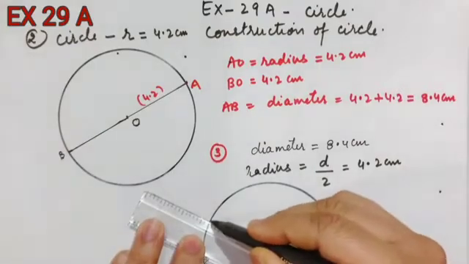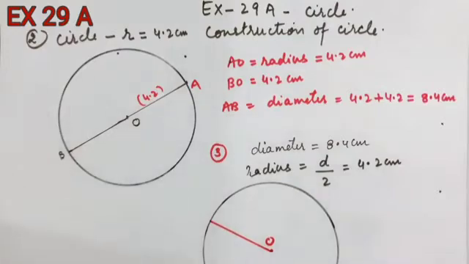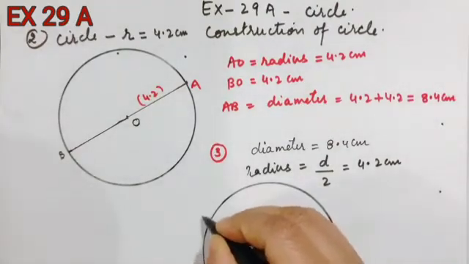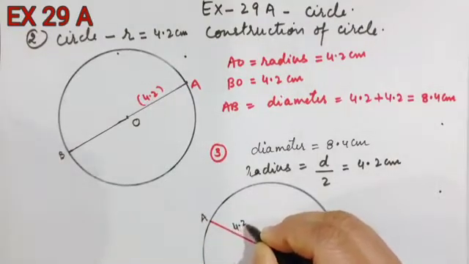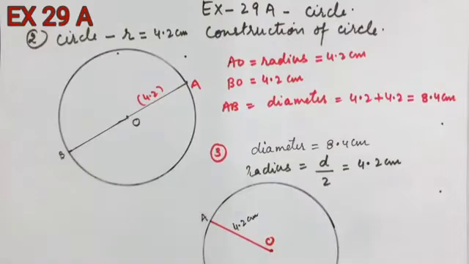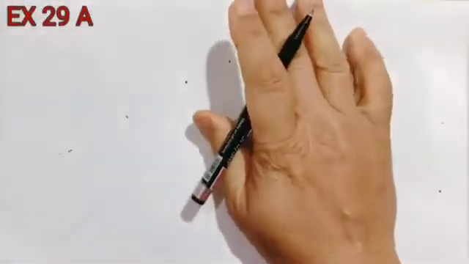It's no problem. If they have said, we needn't get furious. Okay, it's better we obey what they say. So this is OA, and we'll say that this is 4.2 centimeter. Okay? Let's move on to the next one. What do we have? Draw a circle with radius 6 centimeter.